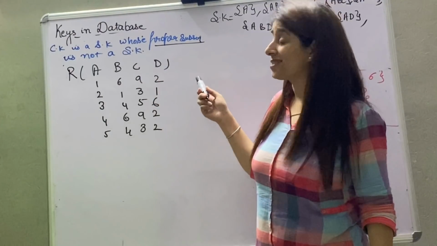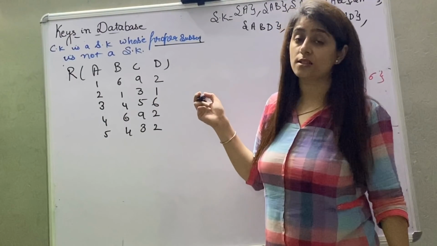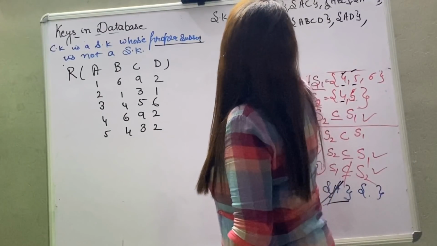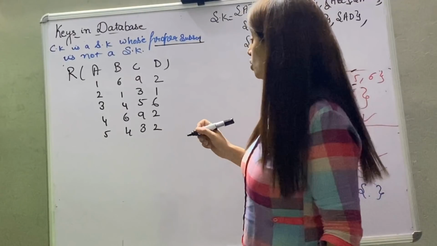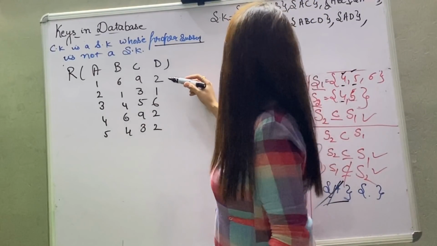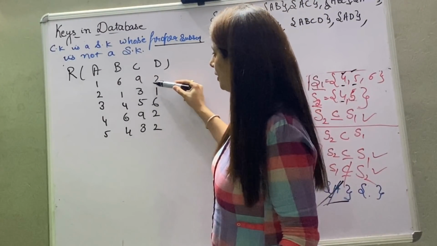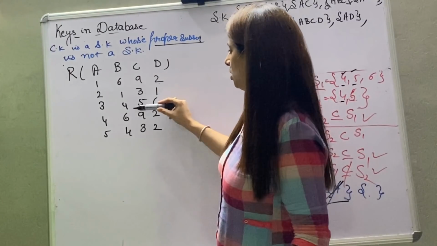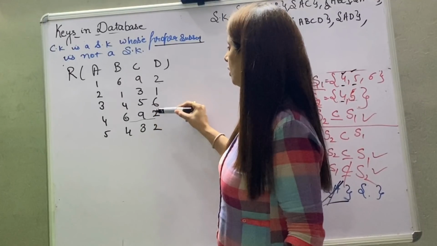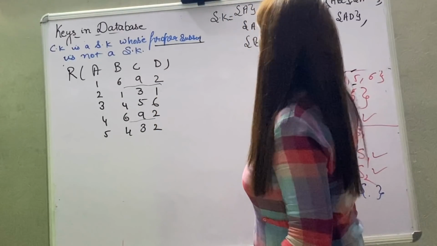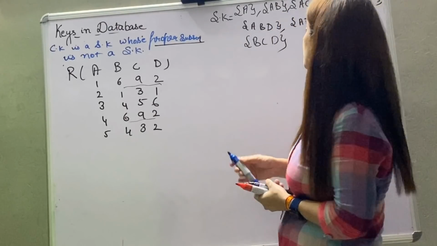Let's check whether it is a super key or not. I have BCD with me. BCD values are 6, 9, 2, 1, 3, 1, 4, 5, 6. These values are the same, so this cannot be your super key.